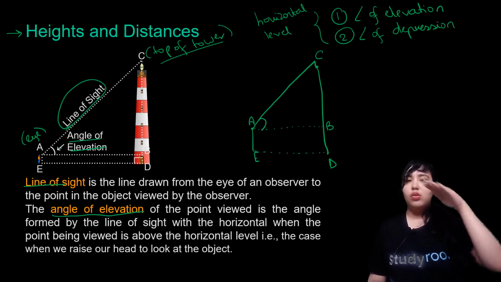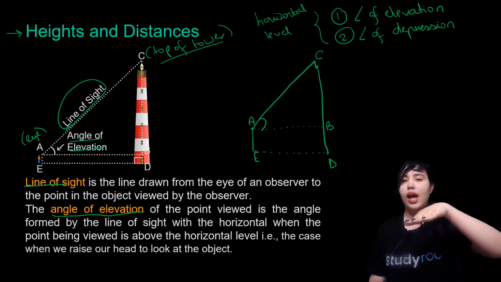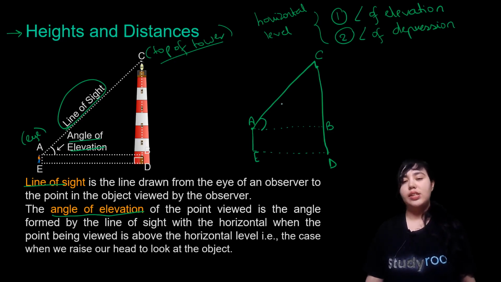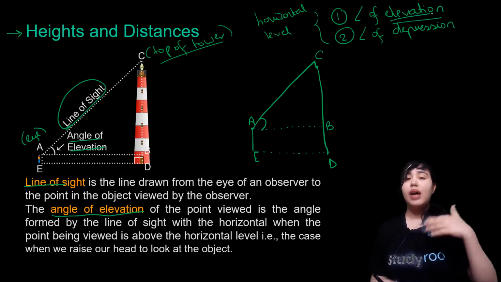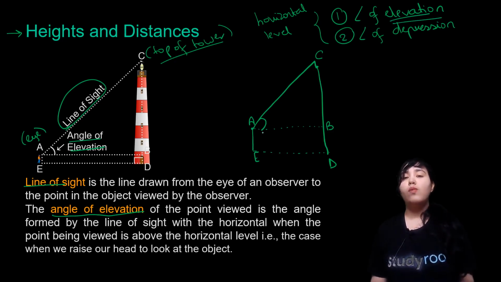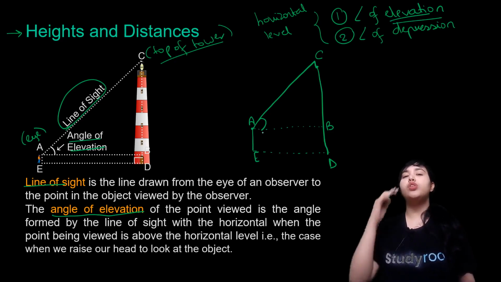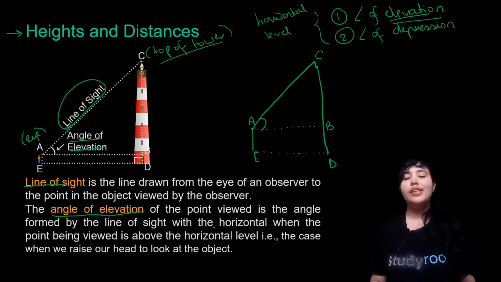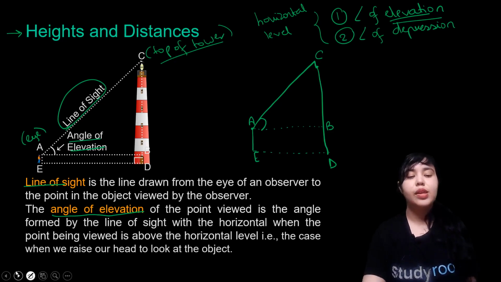Your eye level, normal eye level, and this is the line of sight. The angle between them is angle of elevation. The only thing in elevation is that since it means at some height, you will obviously be having your head up to visualize an object which is above your eye level. So that is the only thing that will help you differentiate between angle of elevation and angle of depression.